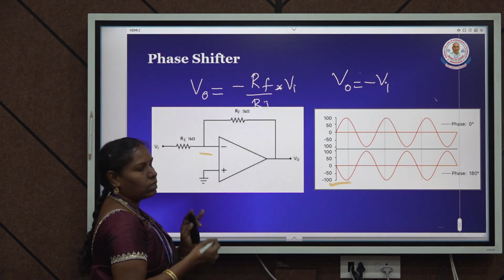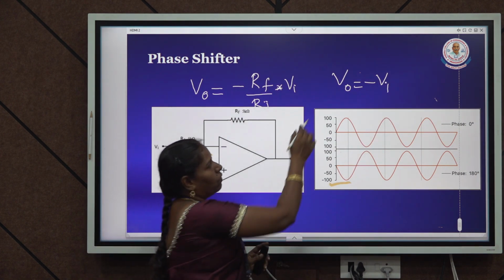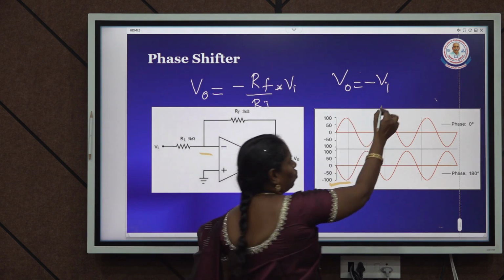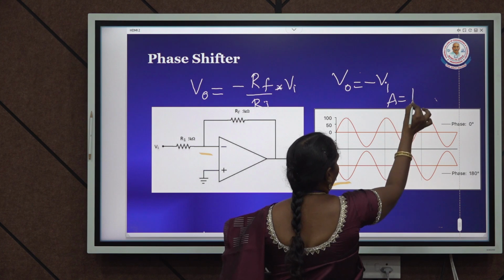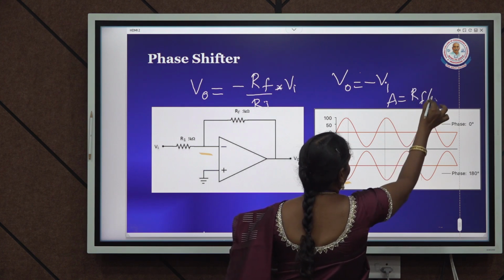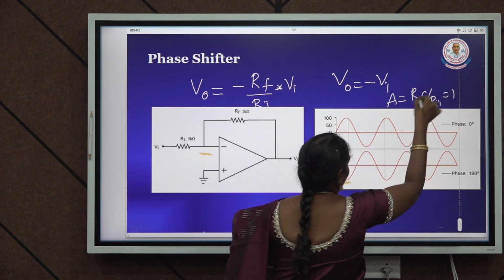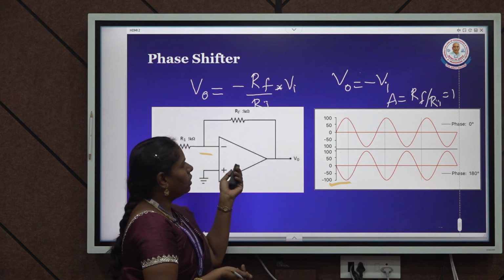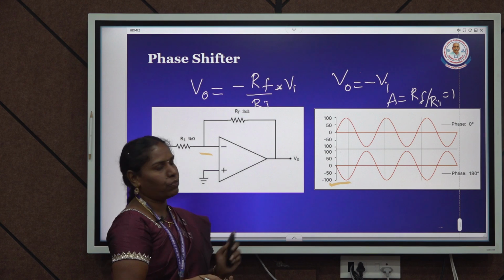If RF divided by RI is 1, then V naught is equal to minus Vi, and this case will be satisfied. So, the gain should be 1, that is RF by RI should be 1. If RF is equal to RI, then only the inverting amplifier can be used as a phase shifter.